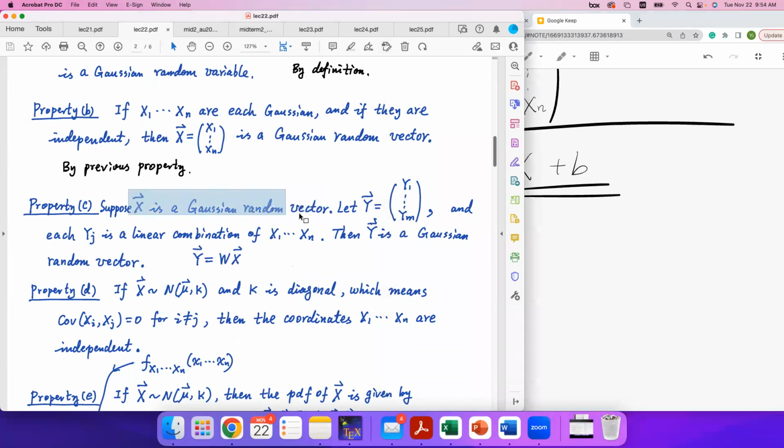Let X be a Gaussian random vector, and let Y be another random vector defined by a linear transformation of X, Y equals a matrix W times X. Then Y is also a Gaussian random vector. So Gaussian is also preserved under linear transformation in higher dimensional space.